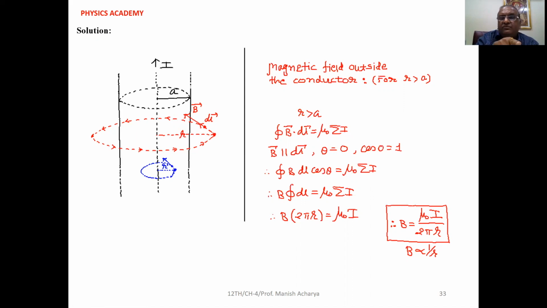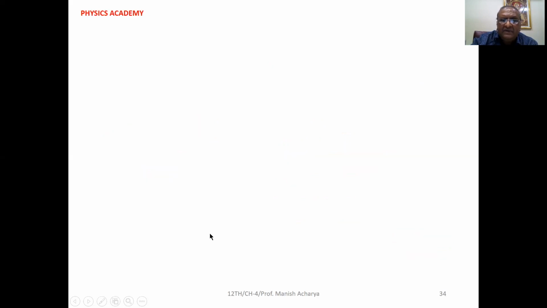Now we have to find the magnetic field at any point inside the conductor. Now see here, we consider a point inside the conductor at perpendicular distance r dash from the axis of the conductor. So here we can consider the Amperian loop with radius equal to r dash as shown in this figure.